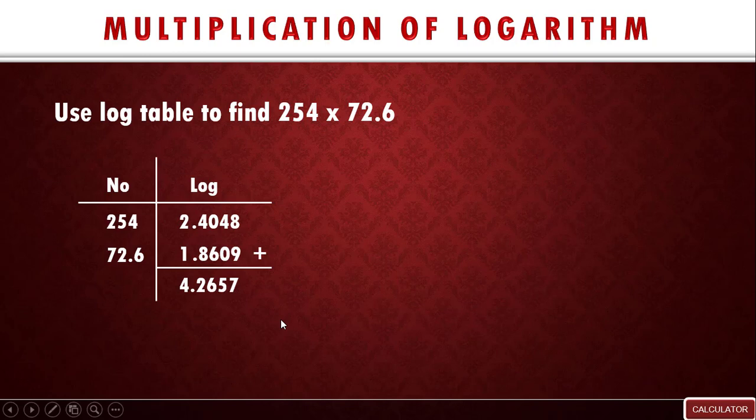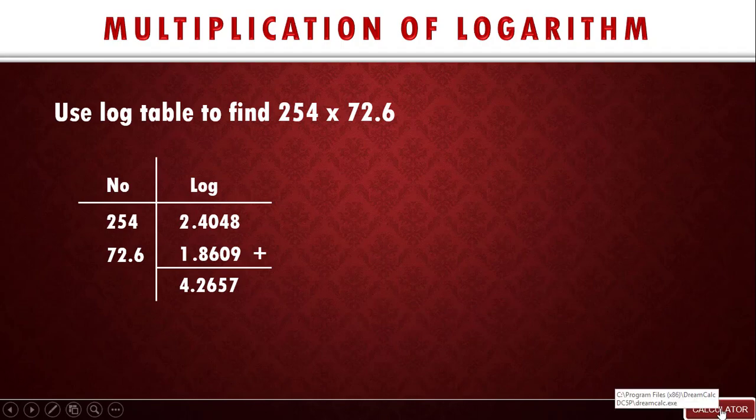So the very next thing to do now, having added them together, is to determine the antilog. So using our calculator, if you look at the number we have here, the number is not in bar, so it's in positive characteristics. So it will be very easy for us to use our calculator to do that too.